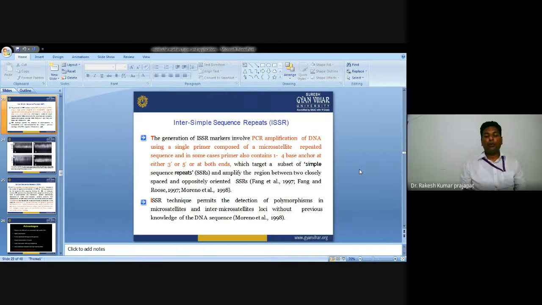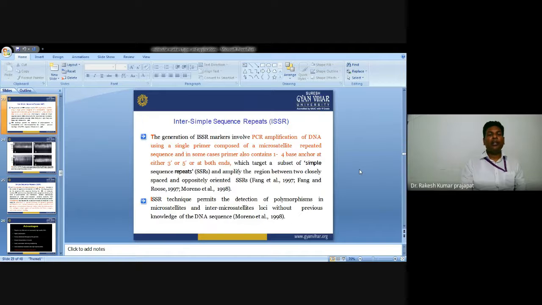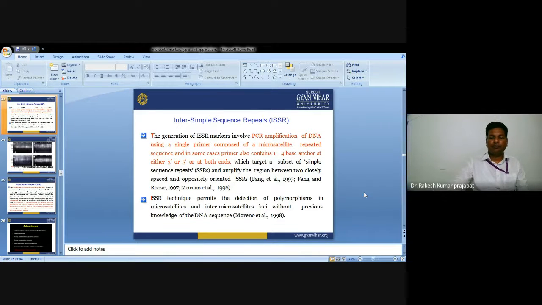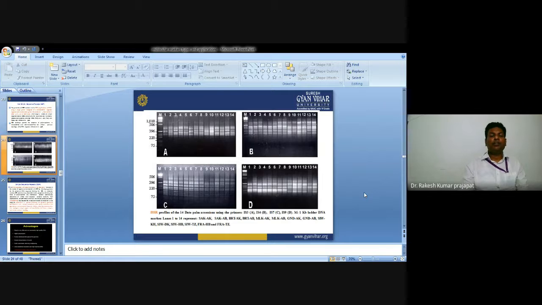If we have repeated units on both sides, it will amplify the region present between them. Inter simple sequence repeat means simple sequence repeats are on both sides. The ISSR technique permits the detection of polymorphism in microsatellite and intermicrosatellite loci without previous knowledge of the DNA sequence. This is the diagrammatic representation.